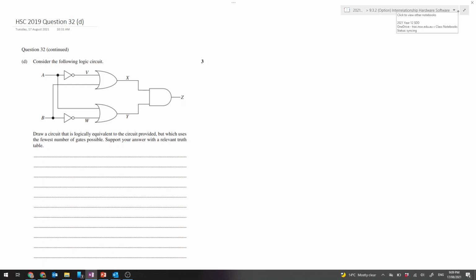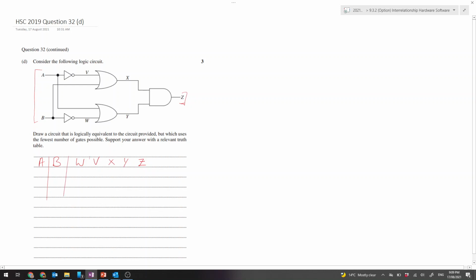Alright, so let's start setting up our truth table. So we've got our inputs on the left hand side, A and B. We've got a couple of intermediate values, W, V, X and Y, and our output Z. Mark that on the table there.